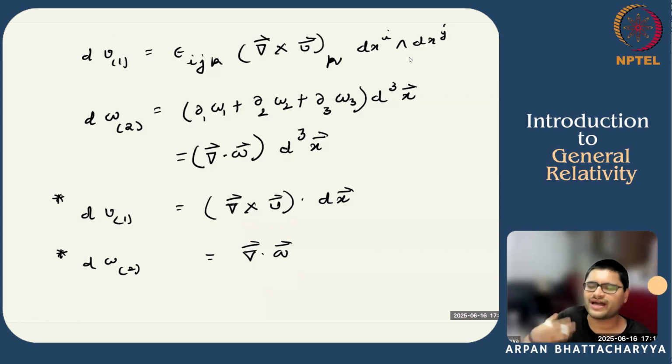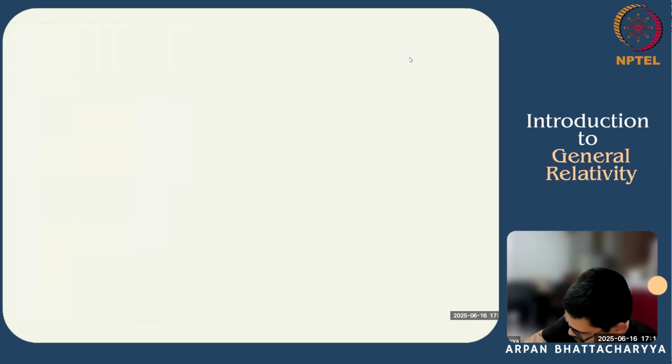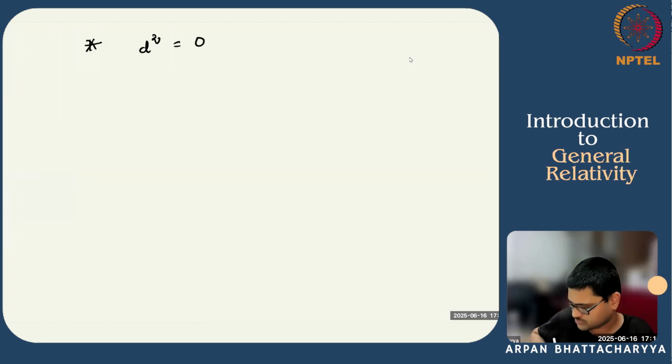So we have almost recast everything that you learned in your vector calculus in R3 in terms of the star and d, and this constitutes the exterior calculus. Now you can see the connections. One more thing is that we know that d squared is 0, which could apply to any form, right?